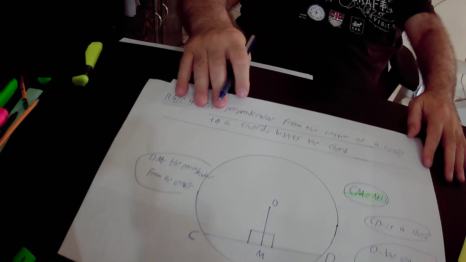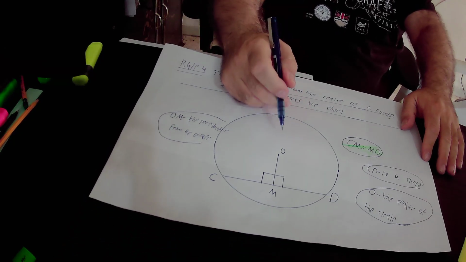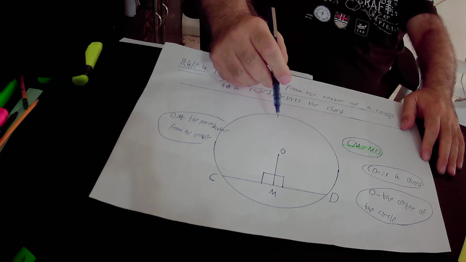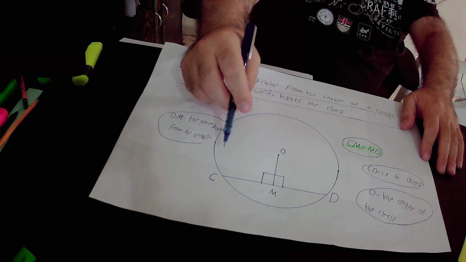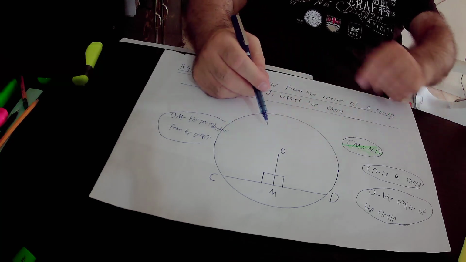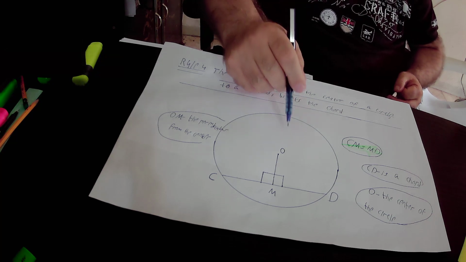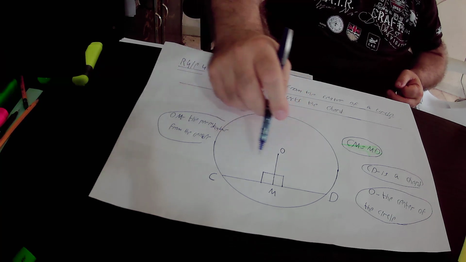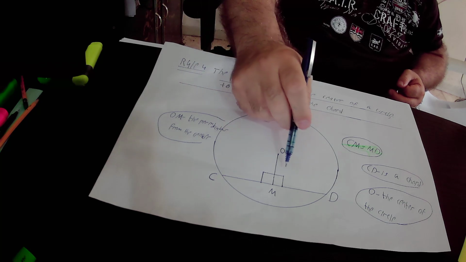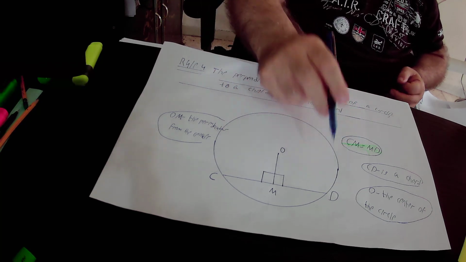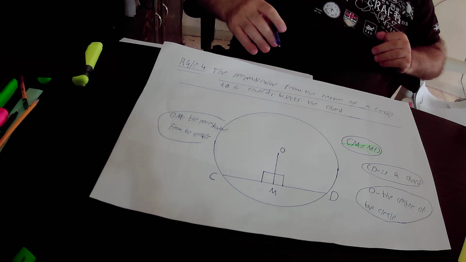Okay, so here point O is the center of the circle. From the center of this circle, we draw a perpendicular on chord CD. And according to rule number 4, the perpendicular OM bisects chord CD. That is to say, CM equals MD.